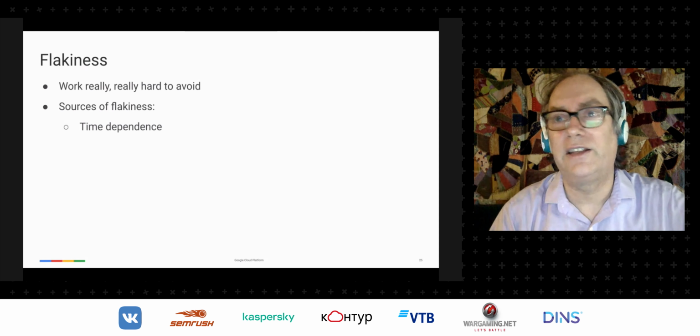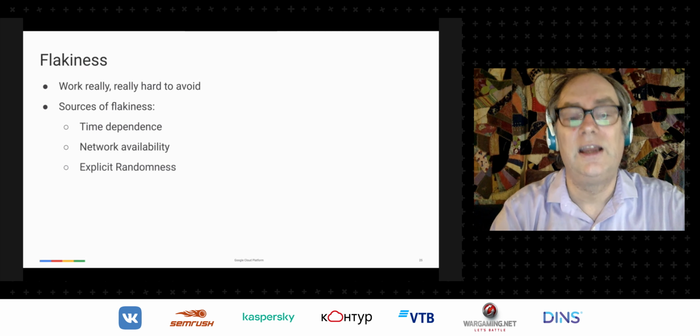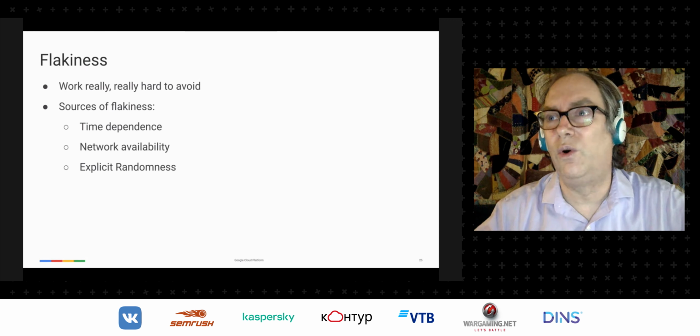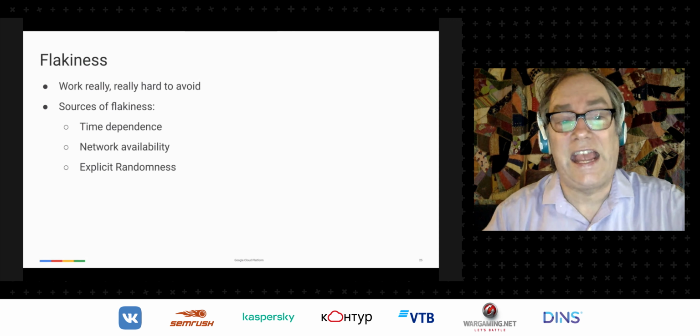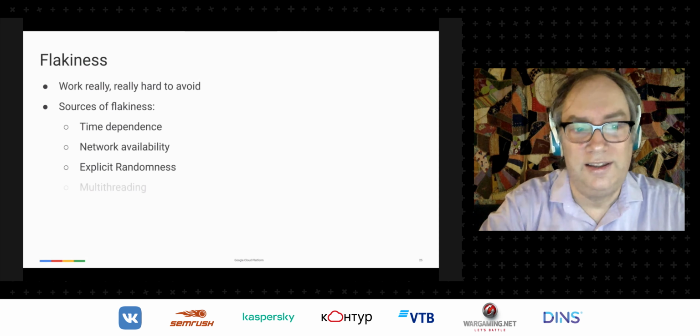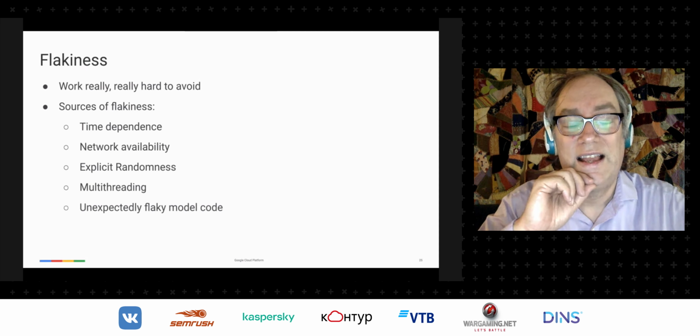Why might you have flaky tests? Already mentioned time dependence, network availability, explicit randomness. If you ever see somebody putting a java.util.Random or SecureRandom or random.h in C into a test code, please stop them, please. Multi-threading can be a source of flakiness.